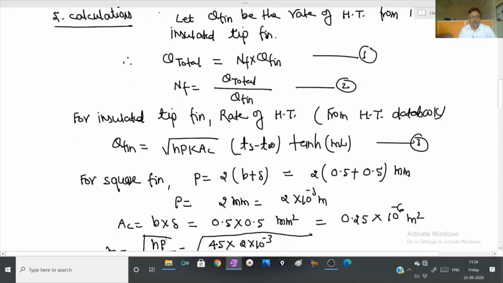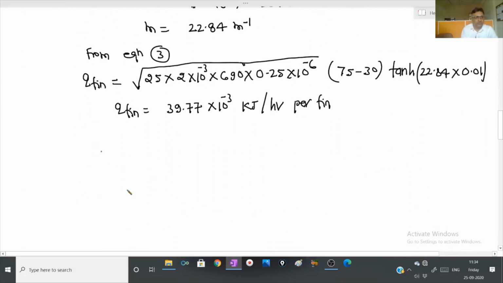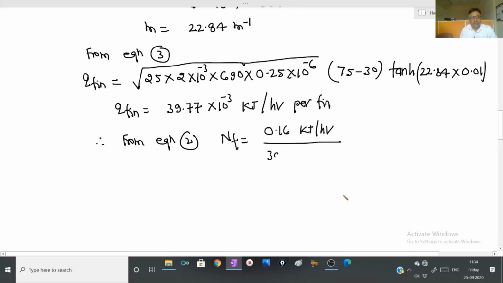So now from equation 1, equation 2, I can find out number of fins as 0.16 kilojoule per hour. This is the total heat to be dissipated divided by heat dissipated from one fin, kilojoule per hour per fin. So after calculation, it will give me 4.02.